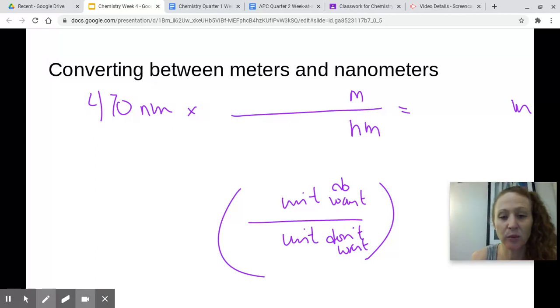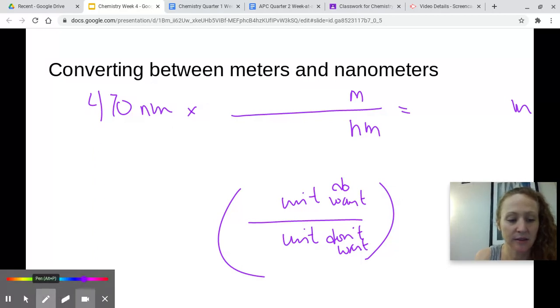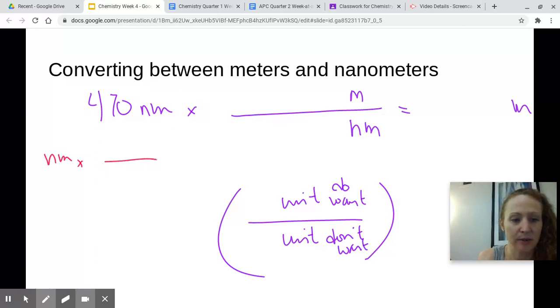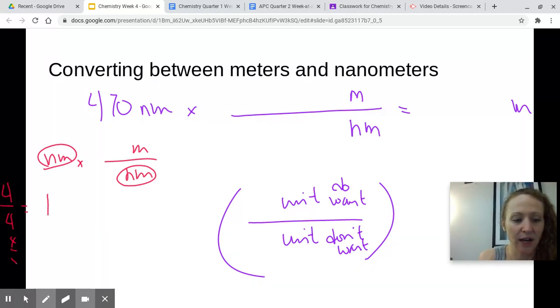The reason we put nanometers on the bottom is that if I have nanometers times meters over nanometers, I have the same thing on the top and the bottom. If I ever have the same thing on the top and the bottom, it's equal to 1. Even if I have x over x, it's still equal to 1. So nanometers over nanometers is equal to 1.